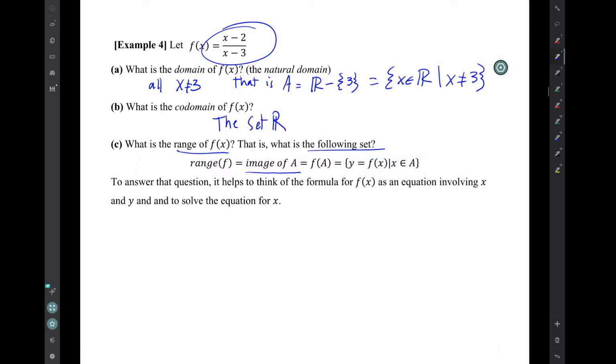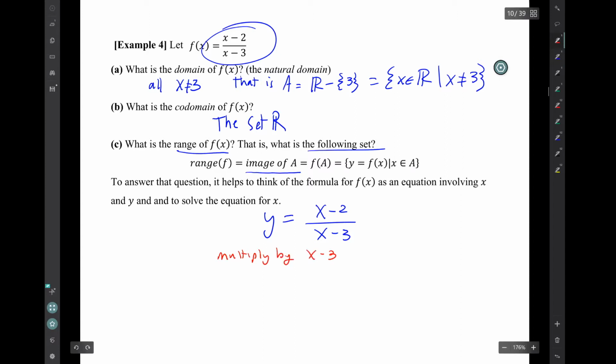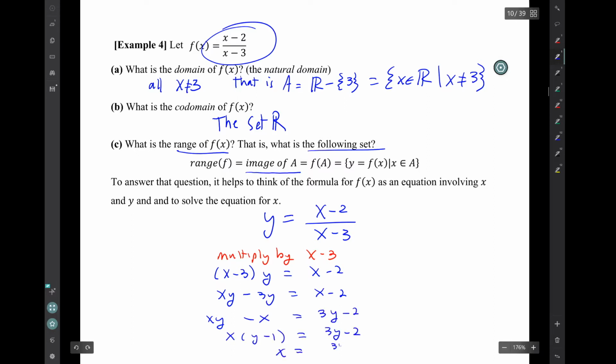For that question, it helps to think of the formula for f of x as an equation involving x and y, and to solve that equation for x. So we've solved this equation for x, and we get this new equation, x equals 3y minus 2 over y minus 1.